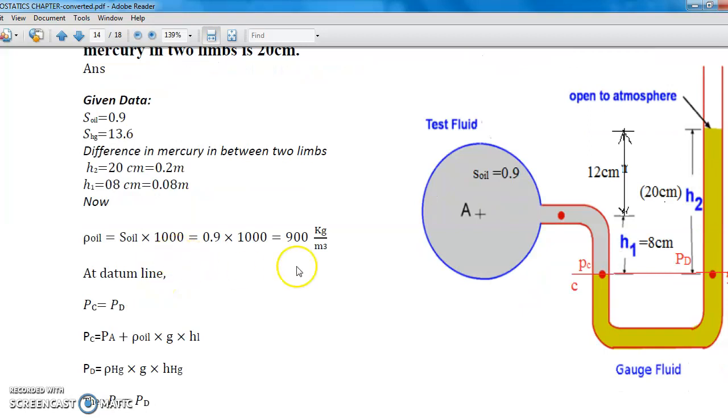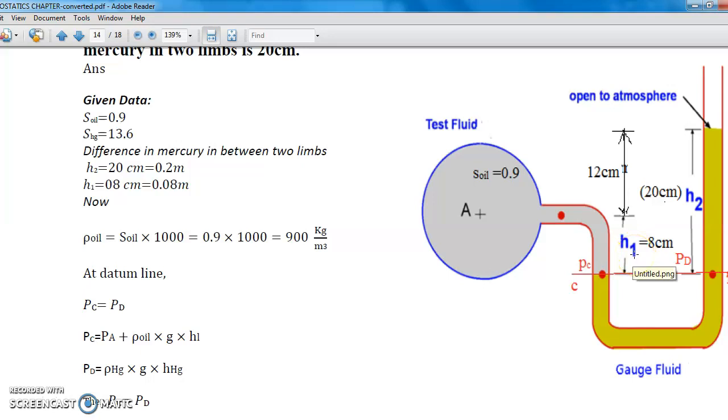First, what to do in this problem? From the reference line, okay, this is the reference line. All of you know that the left side pressure, here the notation given is PC, is equal to PD. So left side pressure is equal to right side pressure. On the left side, first the oil is flowing in a pipe, having some pressure, that is PA, and here the height is H1.